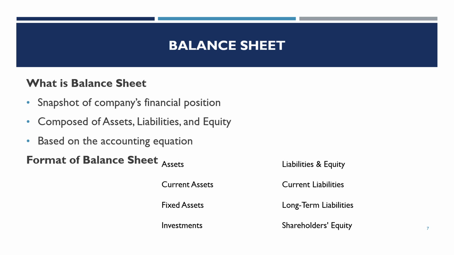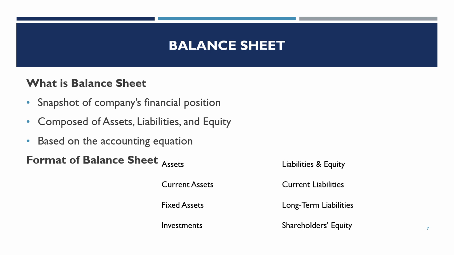It is composed of the assets, liabilities, and equity. Based on the accounting equation, each industry has to prepare the balance sheet, in which all the details come into the picture.